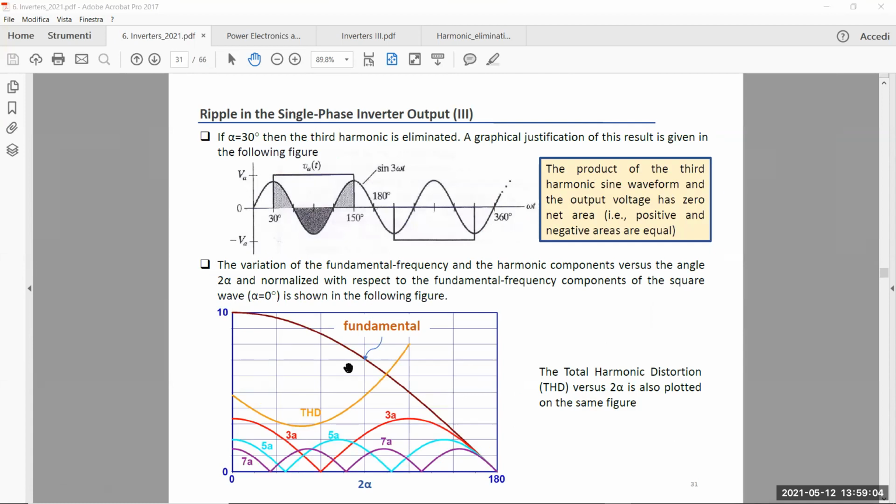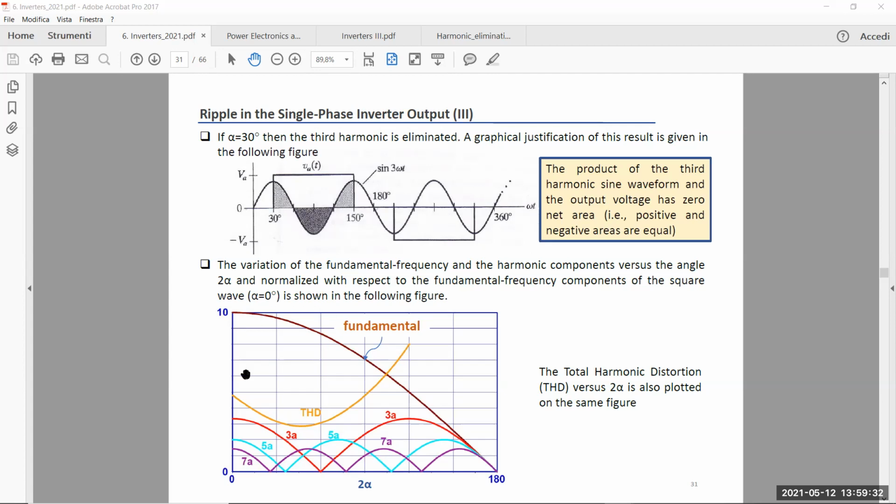The total harmonic distortion is a measure of the contribution of the higher order harmonics with respect to the fundamental one. Of course, a pure sine wave has a total harmonic distortion of 0. A very distorted sine wave, in which the high order harmonics have a large impact on the waveform, has a total harmonic distortion that can be very large.